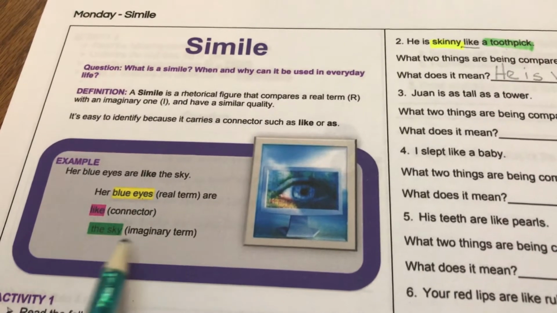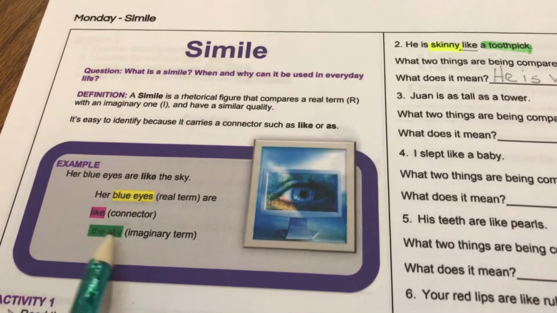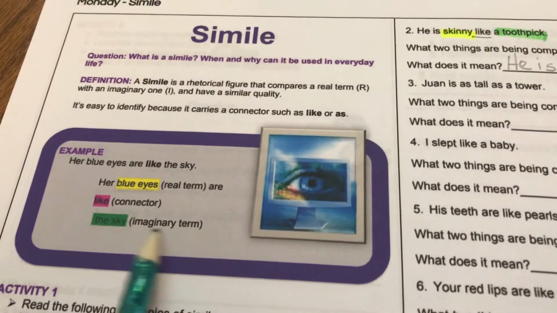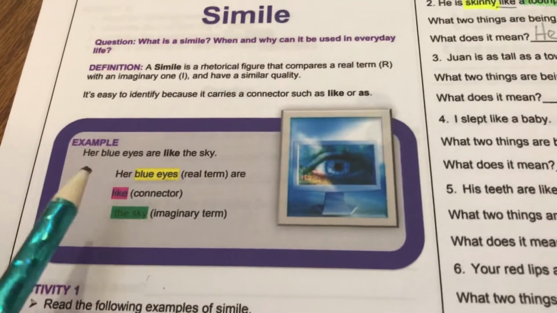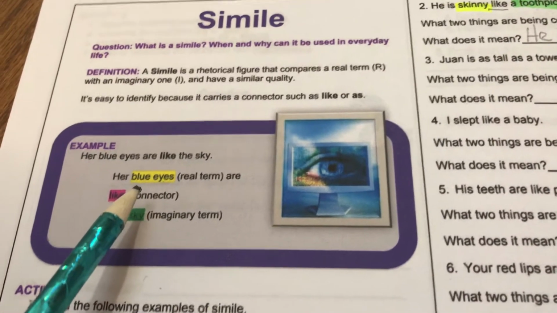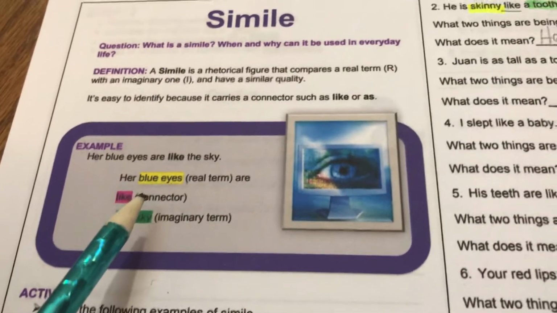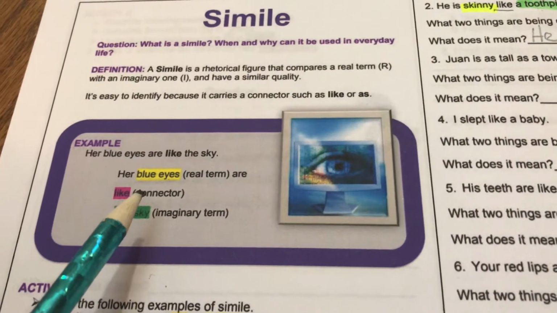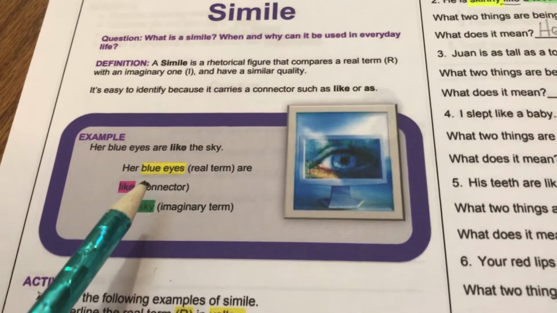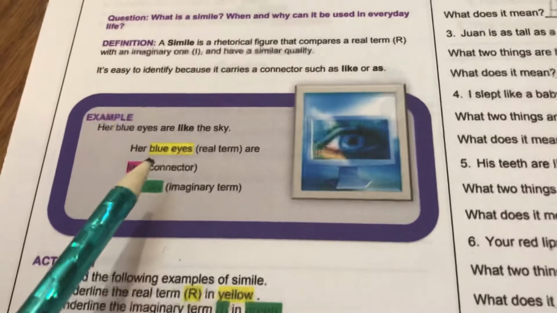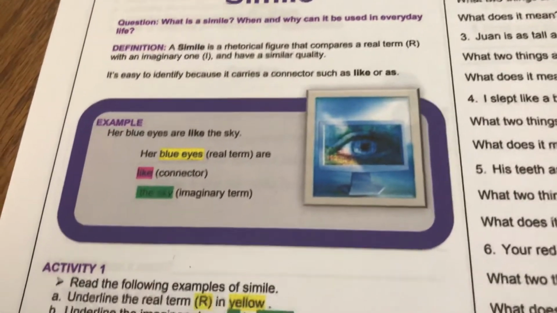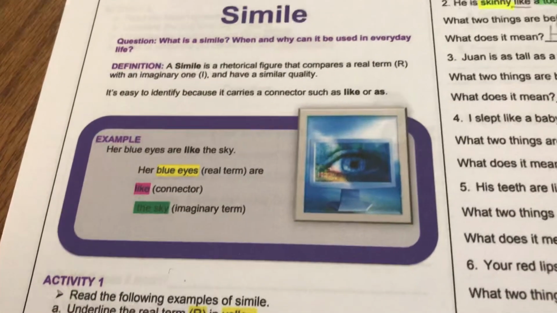And you're thinking, what makes this imaginary? The sky is not imaginary, the sky is real. But what they're talking about with imaginary is blue eyes can't really look like the sky, right? Because the sky has clouds. The sky actually can be black at night, and we know our eyes don't turn black. The sky can be red or pink or orange when the sun is setting or when the sun is rising.